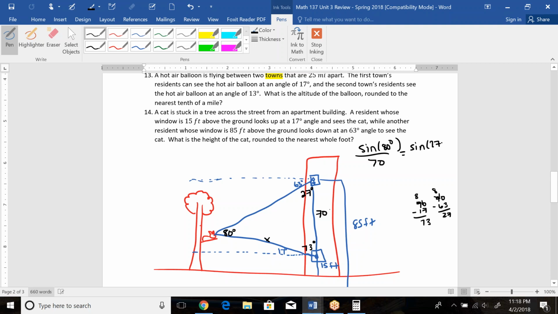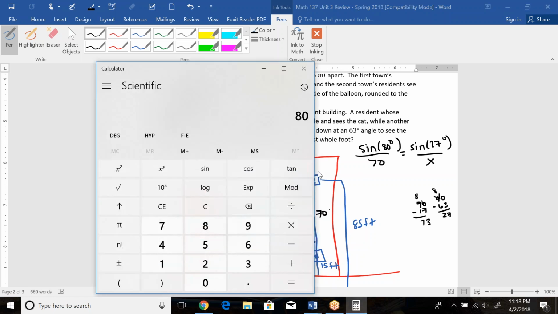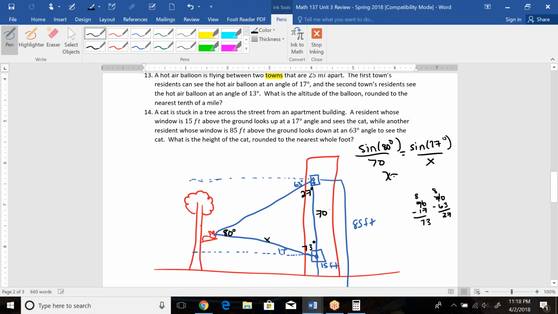So sine of 27 degrees over x. We're going to cross multiply, so we need to do 70 times sine of 27, and then divide that by the sine of 80. And I'm getting 32.27. Okay, so that's this length right here, and that is in feet.